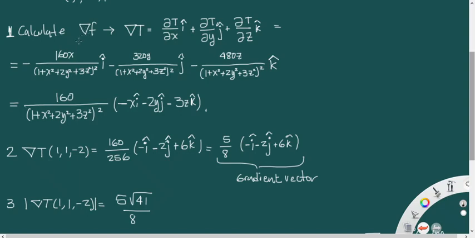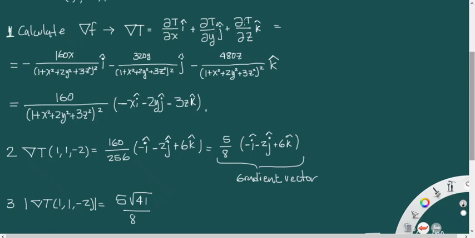As you know from the previous lectures, the gradient vector for T, which is the temperature, is going to be the partial derivative of T with respect to X times i, plus partial derivative of the function T with respect to Y times j. This is the Y axis.